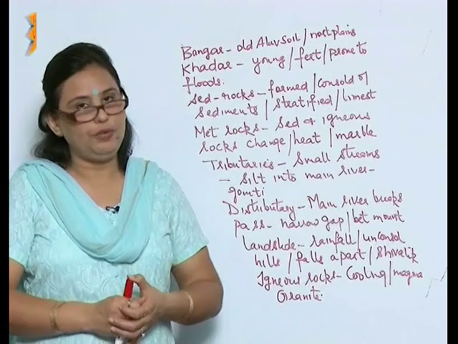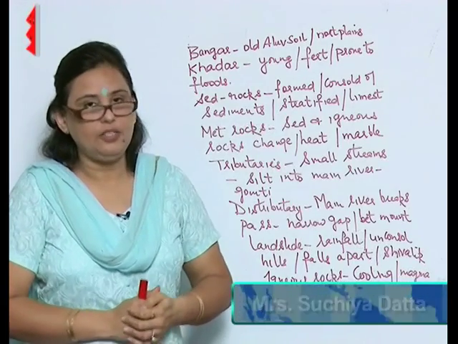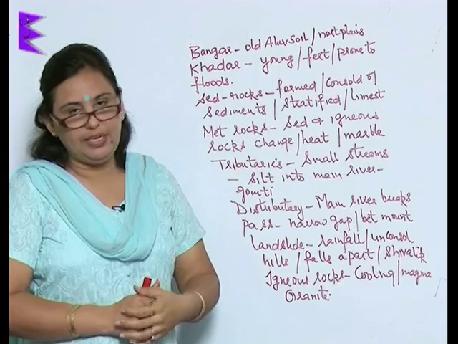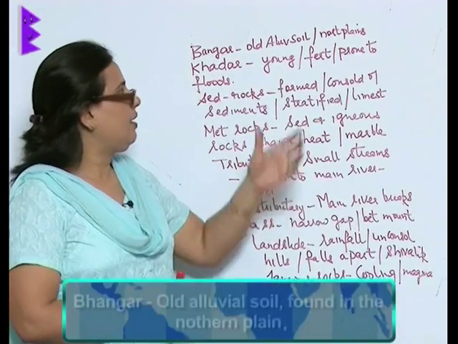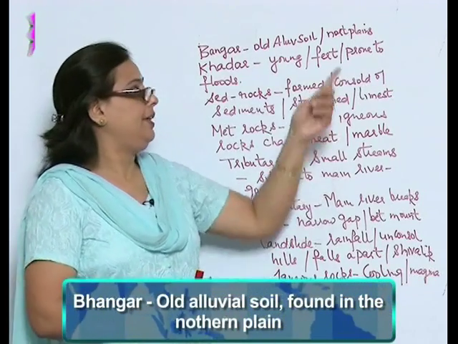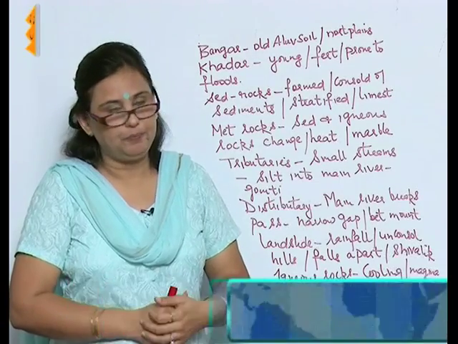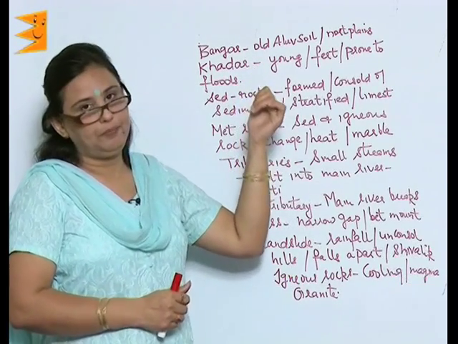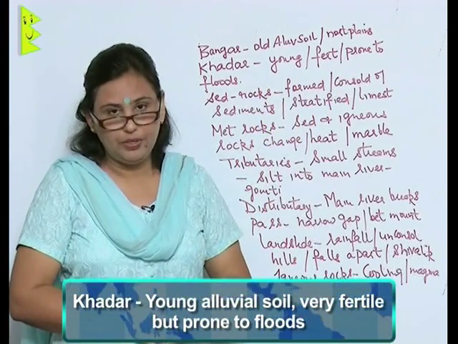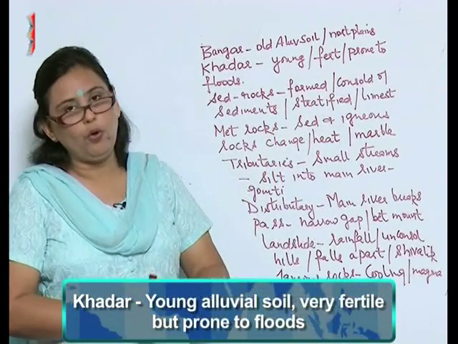Let us continue with the terms and concepts and know about the various kinds of soils which are found in India. The first, as we see, is the Bangar. Bangar is an old alluvium soil which is found in the northern plain. Concords are found here. Second is the Khadar. Khadar is actually a young alluvium soil. It is very fertile, but it is prone to floods.